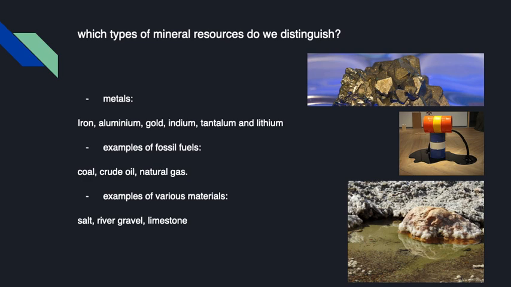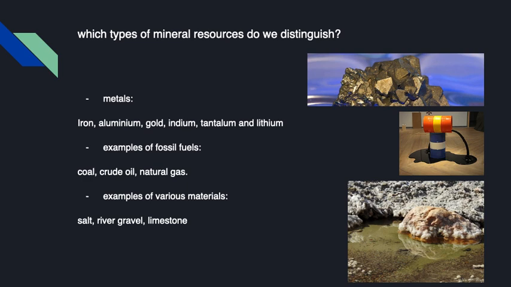Besides that, we do have examples of various materials, which means that there are other mineral resources which are pretty important, for example, in the construction work. But on the other hand, we do have salt, and salt, of course, is used a lot. We put it on the road during winter, but it's used as well in our food. We do have river gravel and we do have limestone, of course, and limestone is important for the manufacturing of, for example, cement.